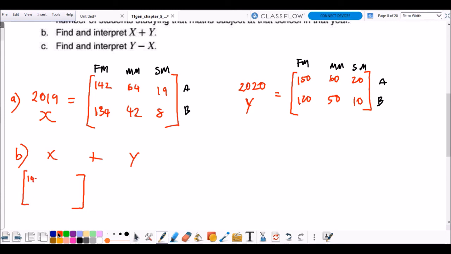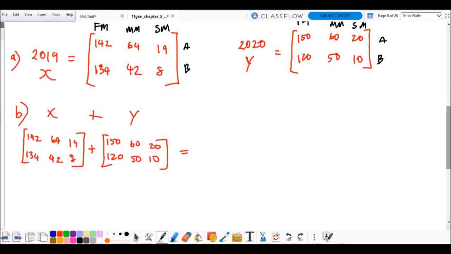So 142, 64, 19, 134, 42, and 8, plus Y, which is 150, 60, 20, 120, 50, and then 10. When you add these together, remember you're adding the same elements, depending on the order of the matrix.